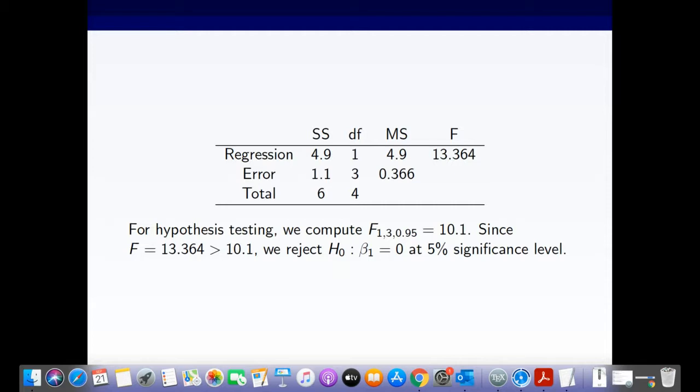This is how to create the ANOVA table. Any questions?